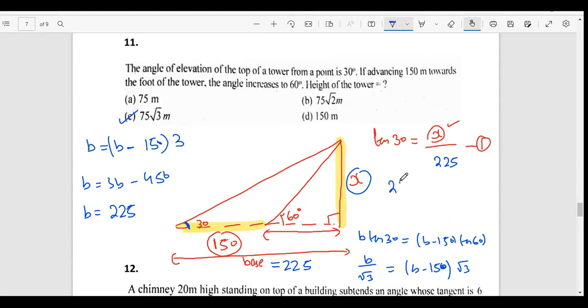So I can write it as 225 divided by root 3 equals x, right? And you can simplify this. किसी को अगर simplification में issue तो let me know. Please try simplifying this and it would give you 75 root 3.